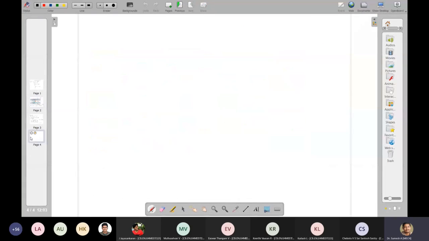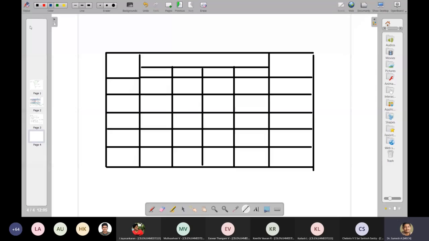Let me draw a table and start solving a problem. This is how a table will look. Here we have from and to.